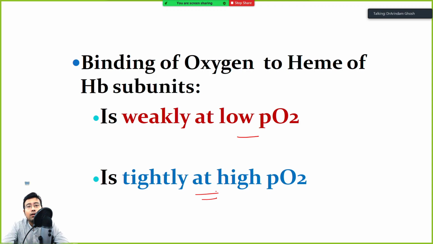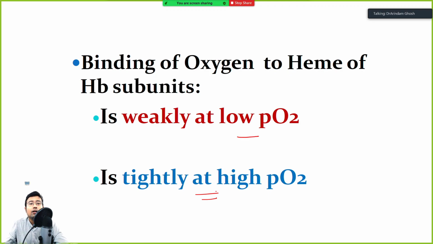Whenever the oxygen tension is low, it means the tissues need more oxygen. Therefore, the oxygen is bound very loosely to hemoglobin so that it can easily donate the oxygen to the tissues. Relatively, when oxygen saturation is very high, everything is well and good oxygenated, then the binding is much more tighter.